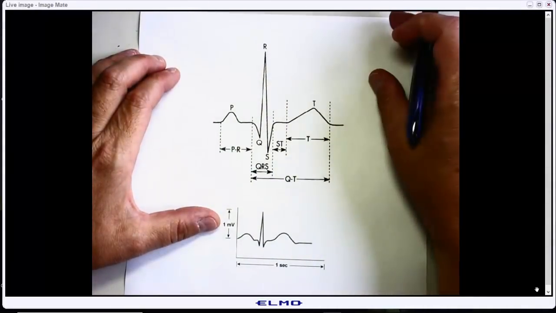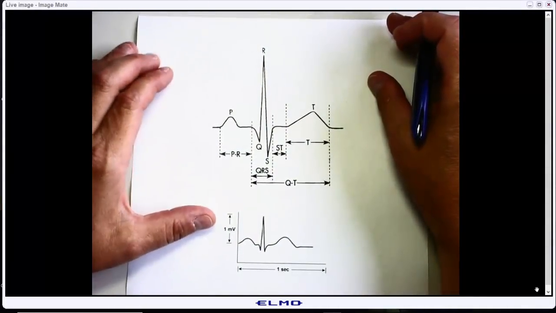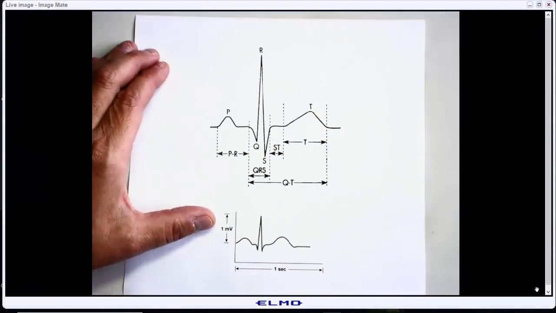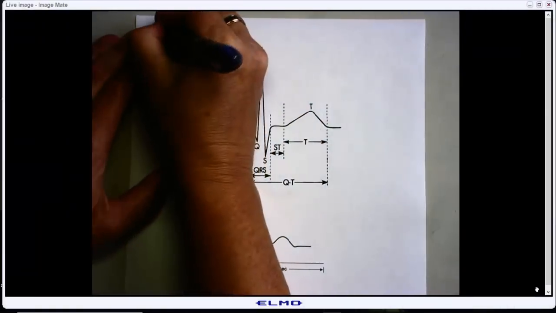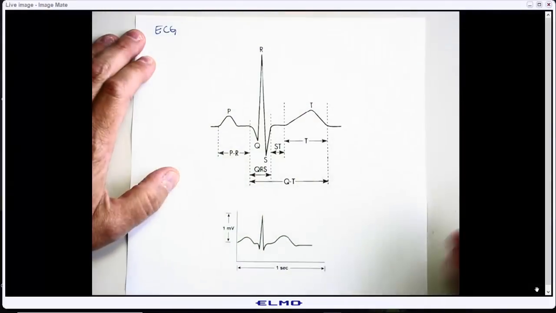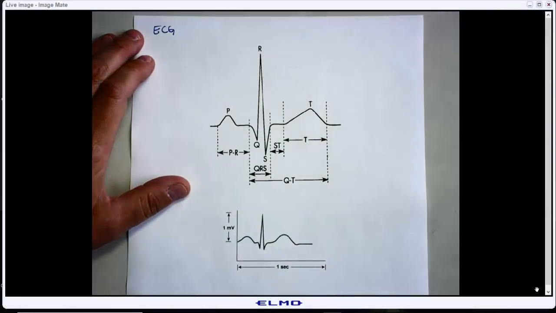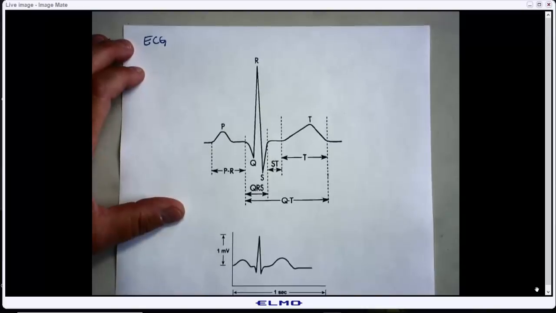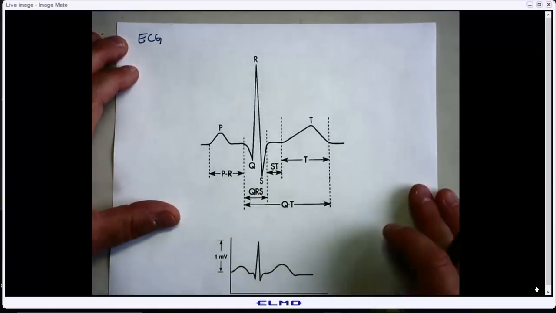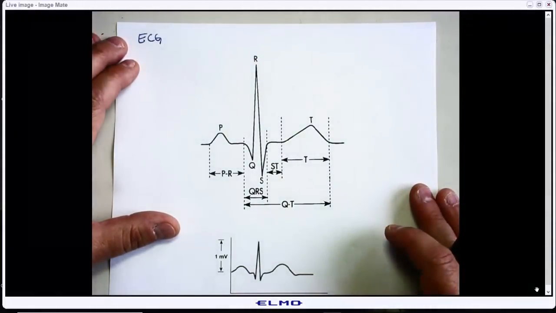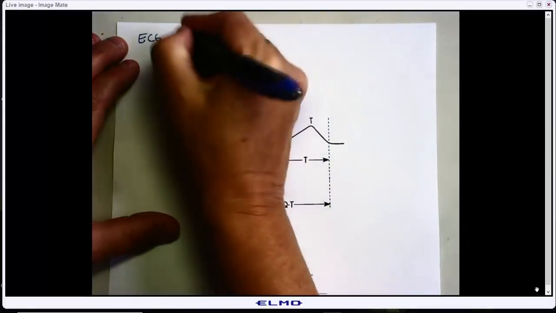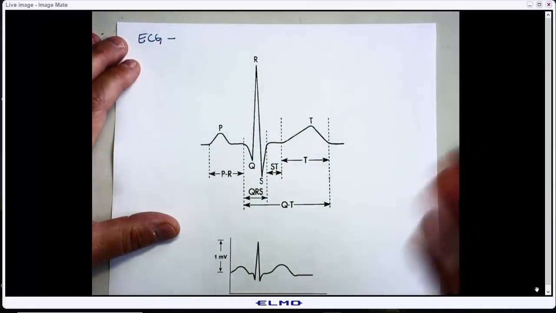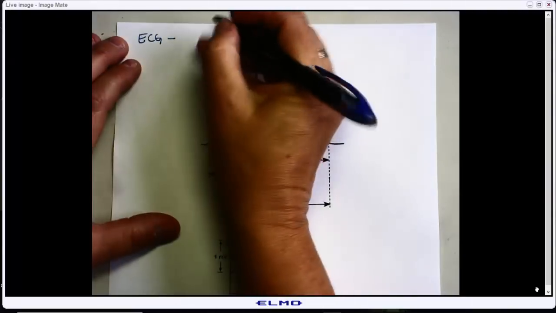This is what the wave looks like, okay? So this is our electrocardiogram, our ECG. And if you watch any medical shows on TV, well, this is probably what you're going to be seeing. So what does ECG do? It tells us about electrical conductance in the heart.